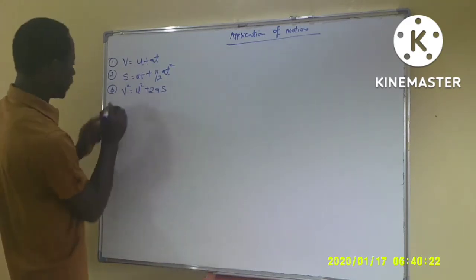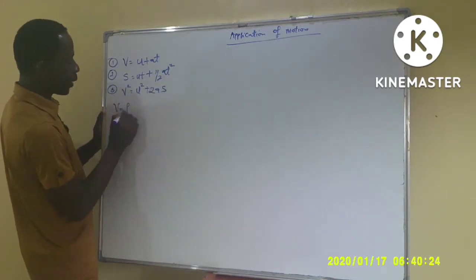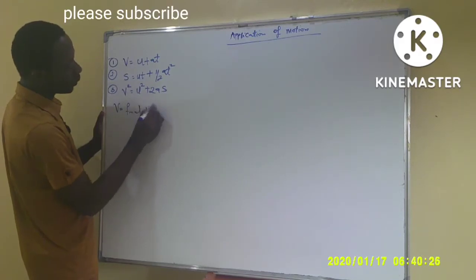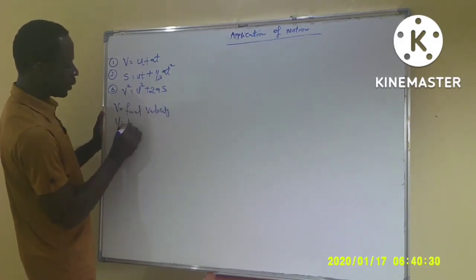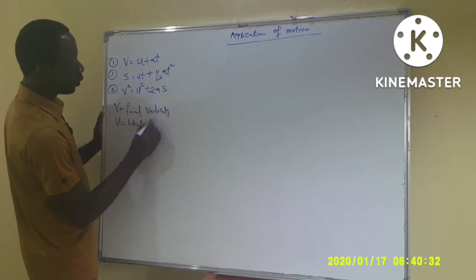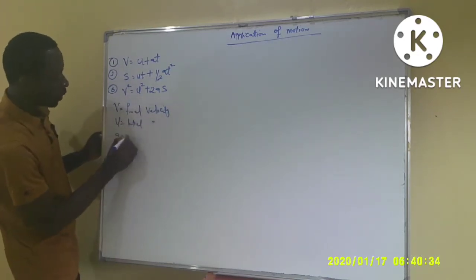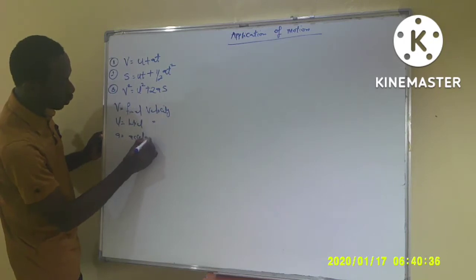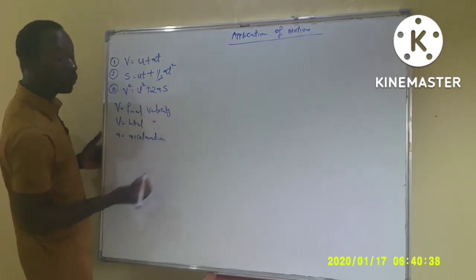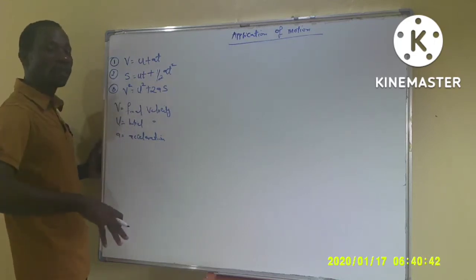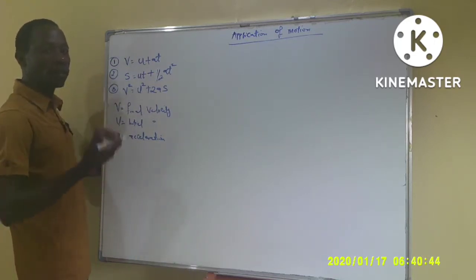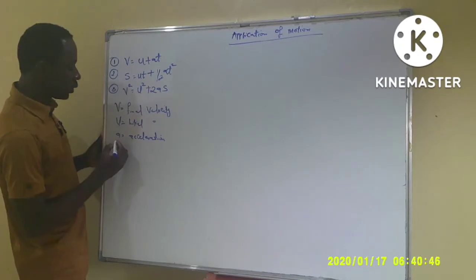Yeah, what is v? V is the final velocity. U is the initial velocity. A is acceleration. If it is g, if it's acting towards the earth, under gravity, it's called acceleration due to gravity.